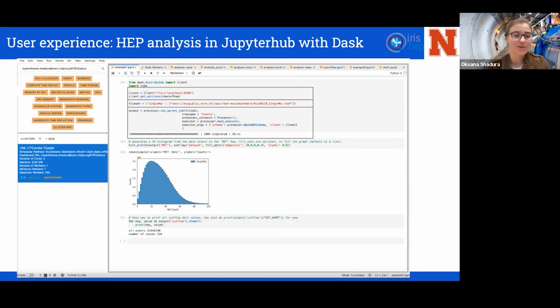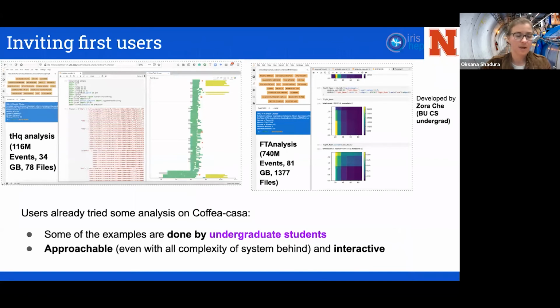For users, the mixed HTCondor cluster is transparently available. We have part of the resources from Kubernetes and part of the resources directly accessed through the local batch queue, and the user can immediately start doing computations.